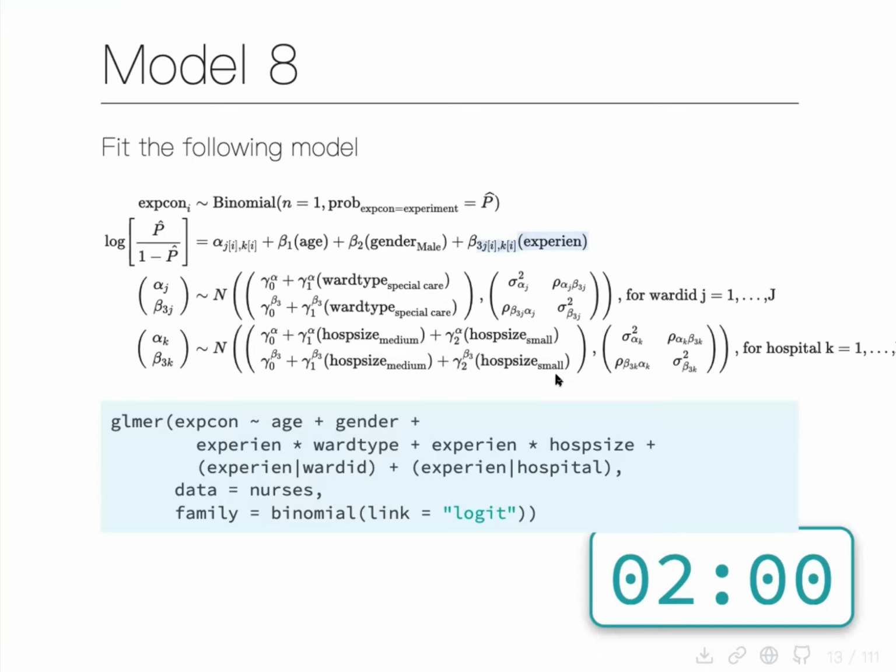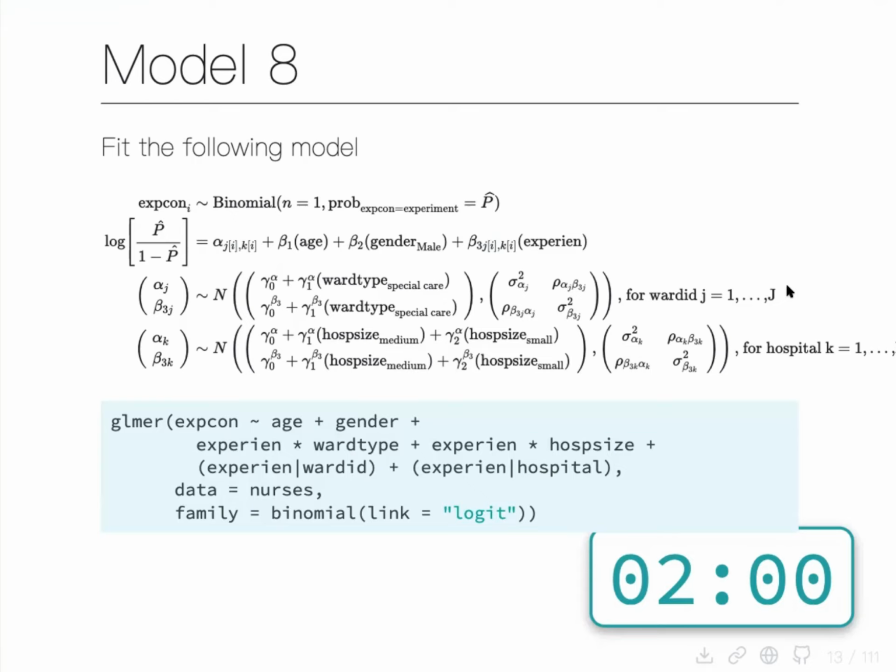Maybe in small hospitals, you have a bigger range of experience, and so in smaller hospitals you're expecting a really steep slope. In medium-sized hospitals, you're expecting the relation between experience and experimental control to be slightly less. And maybe in large hospitals, you don't really expect much of a relation between experience and probability of being in the experimental control.